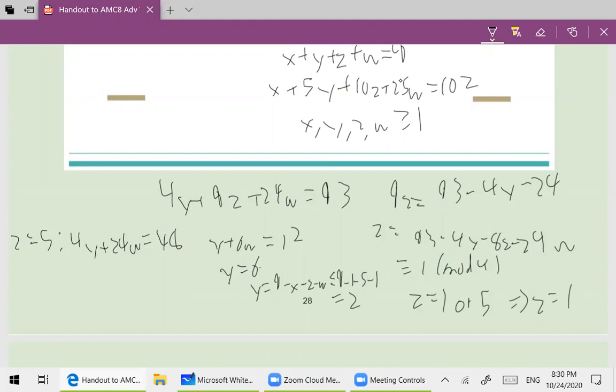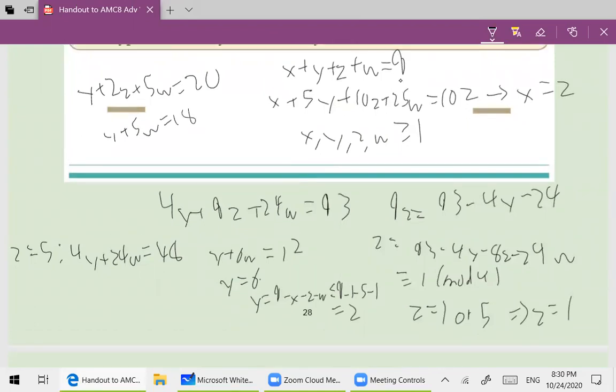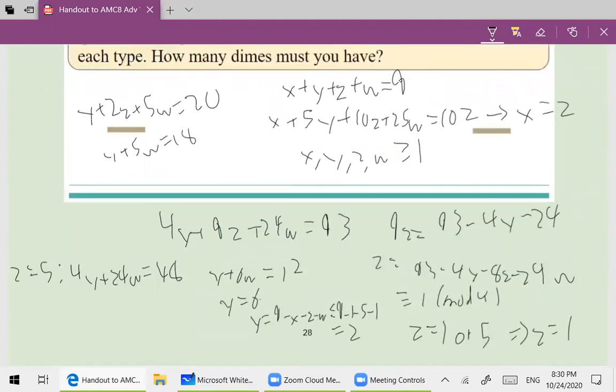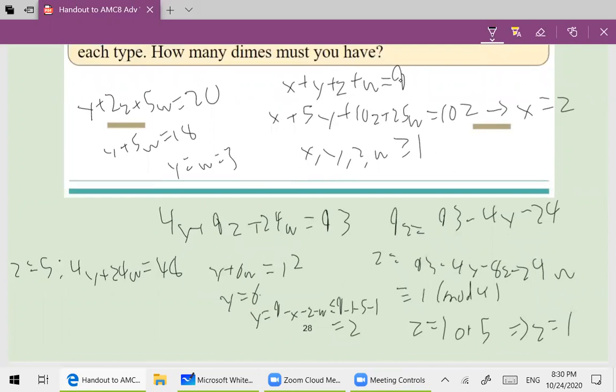So for example, this directly gives that x equals 2 and y plus 2z plus 5w equals 20. So y plus 5w equals 18. And so this forces y equals w equals 3. Yeah.